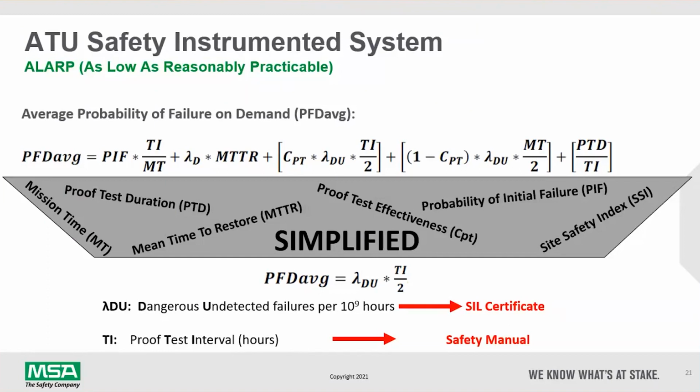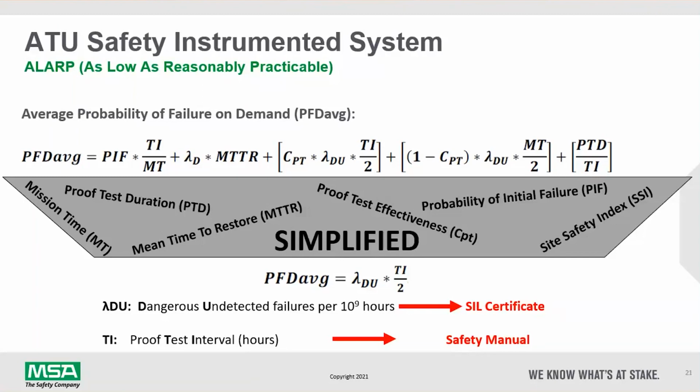We're going to simplify this and make an assumption that our product is able to be tested by a proof test interval that is evaluating the entire device. The way the calculation is summarized is that we only need the lambda DU, the dangerous undetected failures, and the proof test interval.